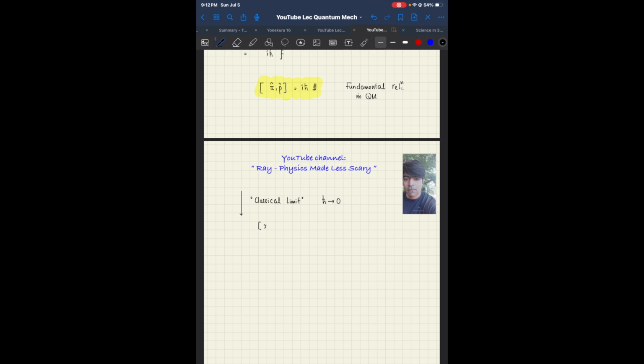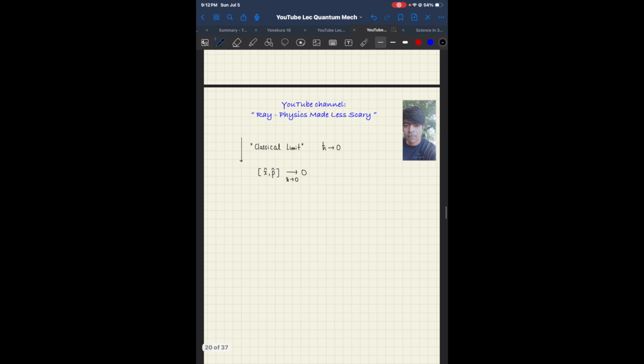In that limit, it's important, if your h bar goes to 0, then you recover your usual classical mechanics. And by that I mean there are no non-commuting operators in classical mechanics, right?